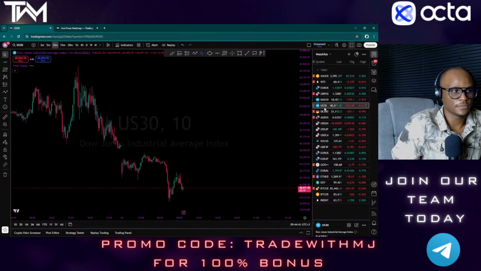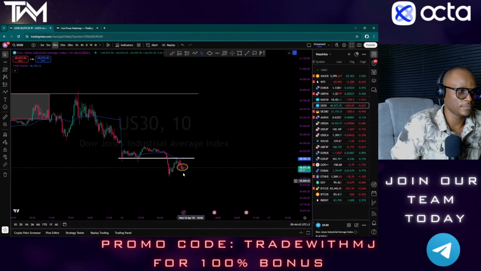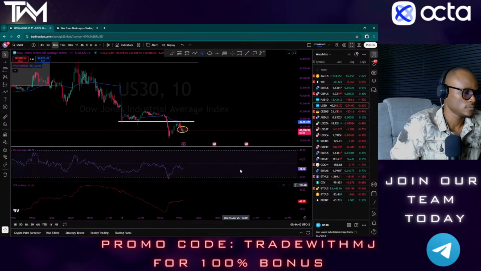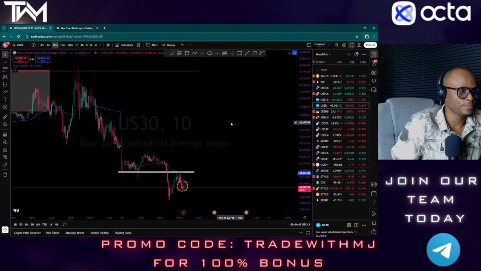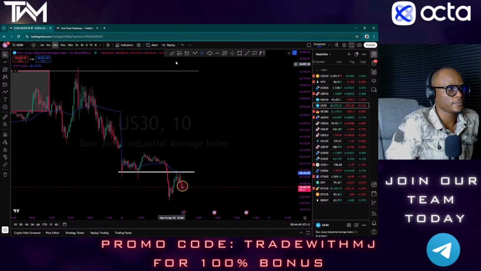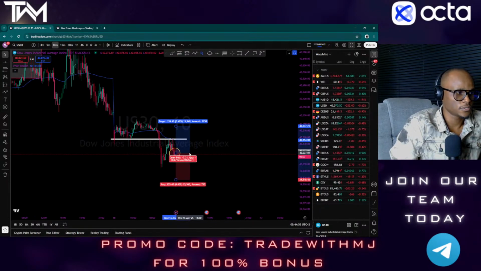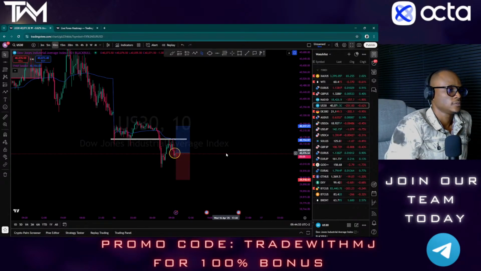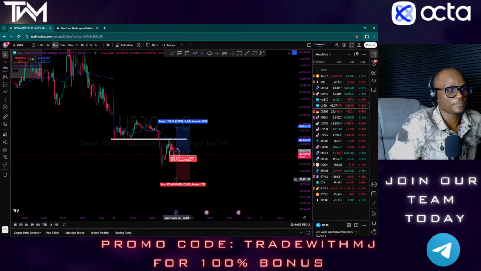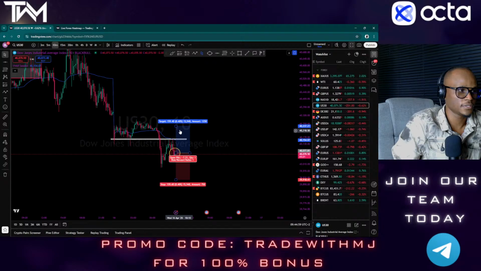That US30, in my opinion, I think this can be a nice buy. 42 pips times 1.5. If you take a buy here, where can you put your stop loss? 40 pips times 1.5, then you're around 100 pips or so. Then aim for 200 pips.